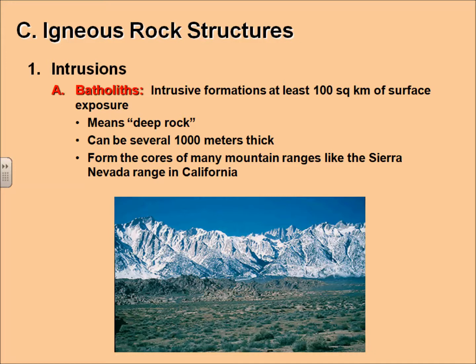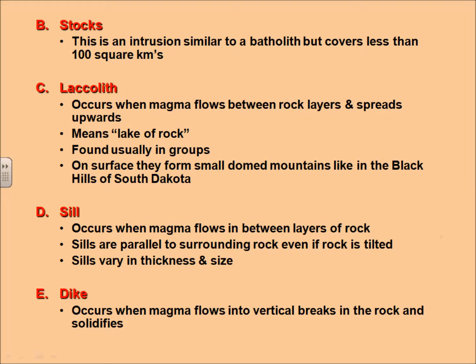A stock, to me, is maybe the size of a state, maybe half a state. It's less than a batholith. So we've decreased in size. Same thing, just covers a little less area.